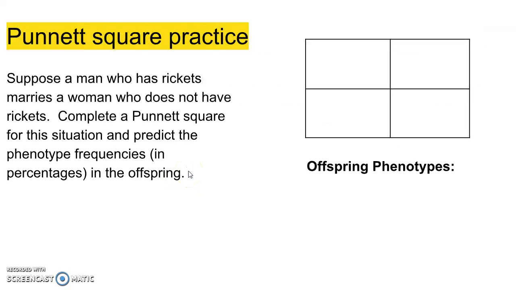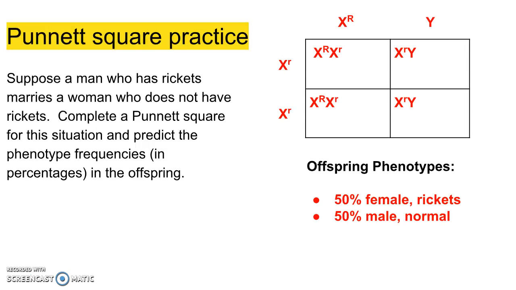Okay, so let's say we have a man who has rickets and he's marrying a woman who does not have rickets. So we'll do a Punnett square for this and figure out our offspring phenotype frequencies. Okay, so here's our man who has rickets on the top of the Punnett square, and he has an X big R because big R represents the dominant rickets allele.